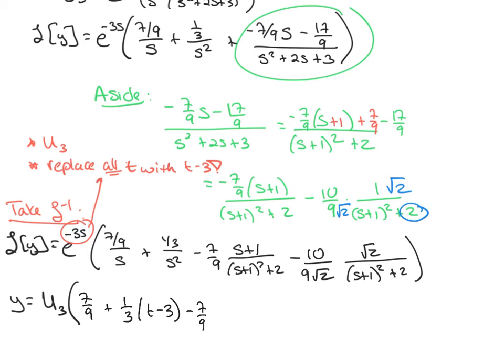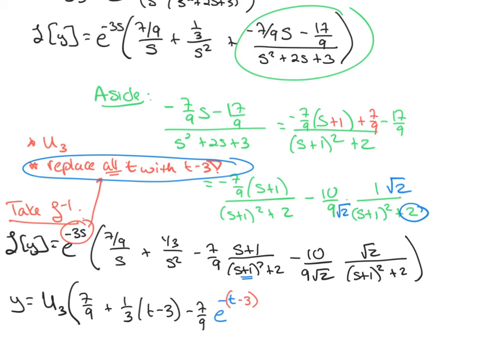Oh my gosh. Now here's the doozy. That is a first shifting theorem problem like we practiced in 10.5. So this has, if you remember, e to the negative t from the s plus 1. Oh, but I was told replace all of your t's with t minus 3. So that should be t minus 3.